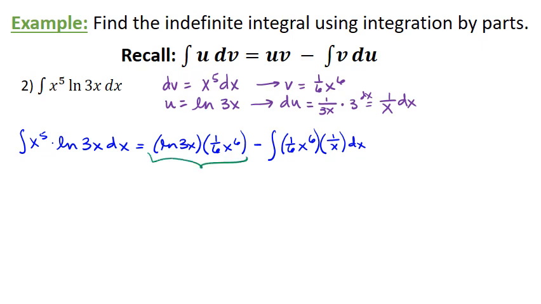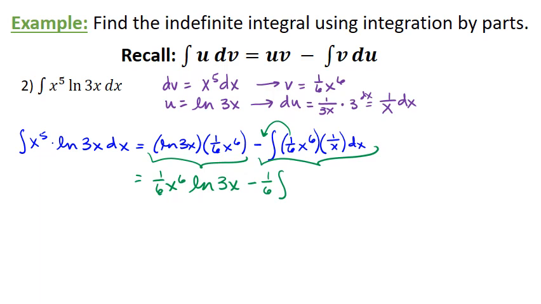So looking at this here, this cannot be simplified any further. So I'm just going to clean it up and put this in front of the natural log. Then over here, this can be cleaned up a little bit. I'm going to take this 1/6, move it out because it is a constant.